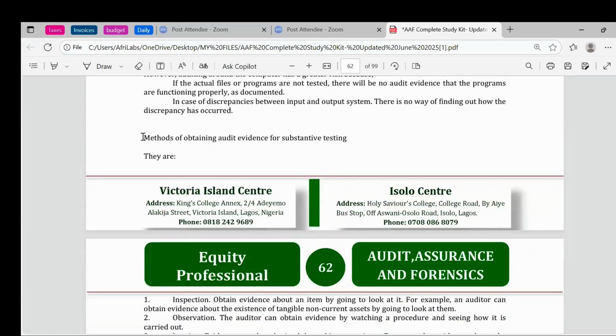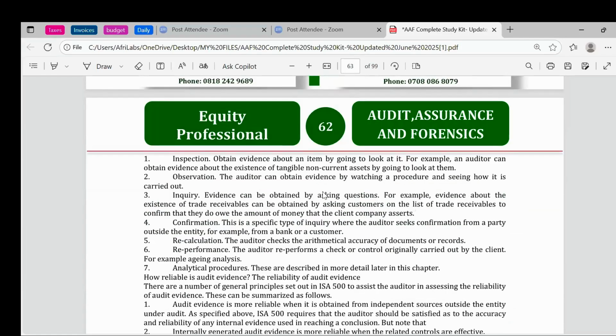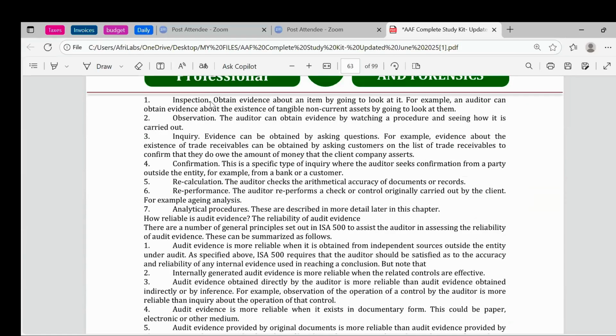So here we talk about something you should have done before now: obtaining audit evidence for your substantive test. You guys have done audit evidence, right? As a topic. Yes. Okay. So when I say inspection, inquiry, I'm not speaking to myself, right?